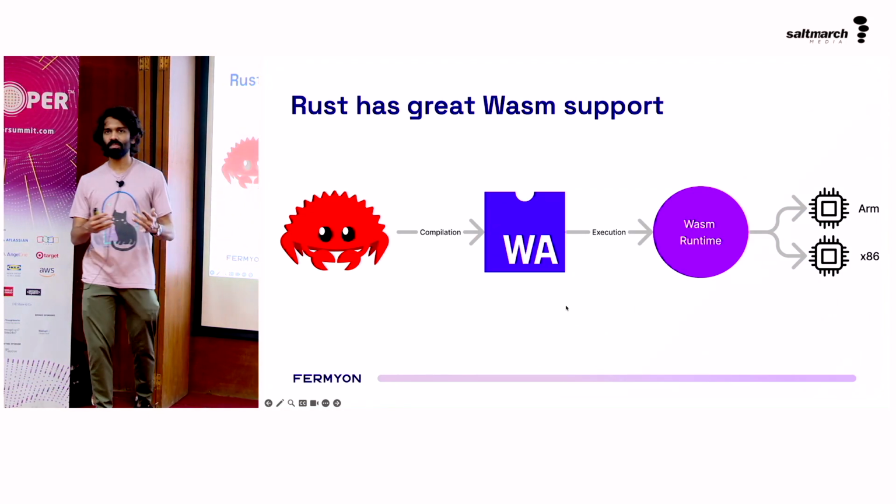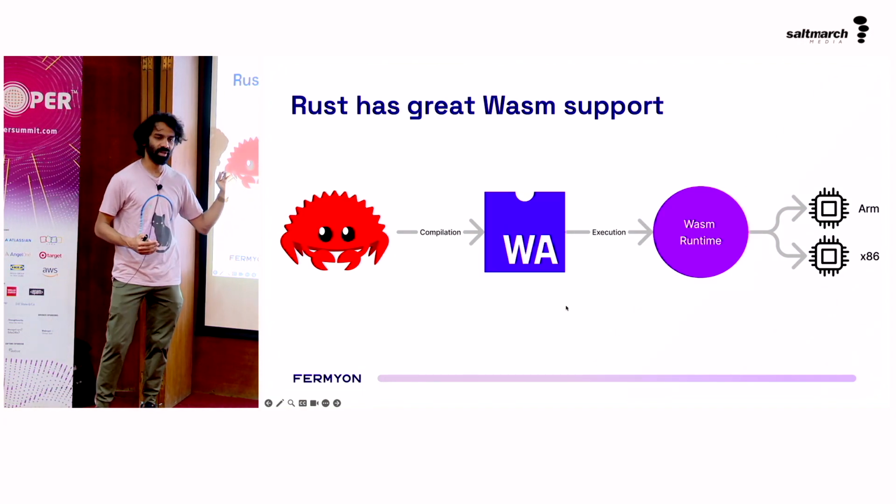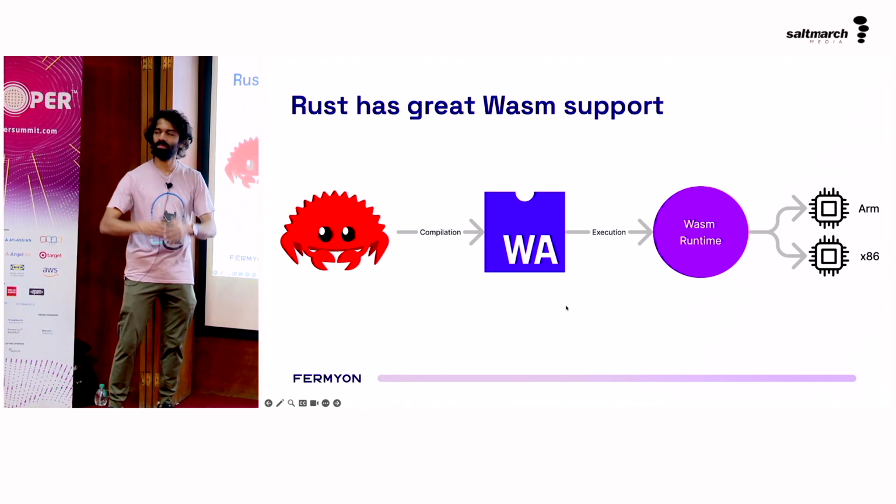It's almost as simple as changing a flag in the Rust compiler. Instead of having a target as x86, you have a target as a WebAssembly module, and you're done.